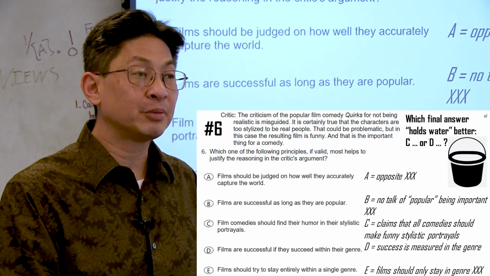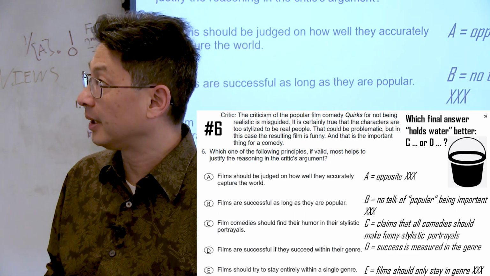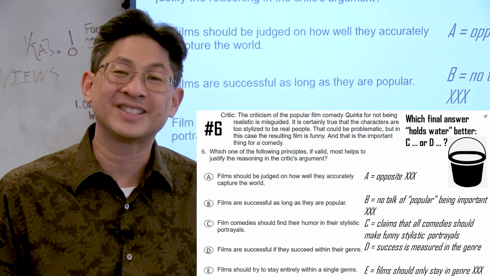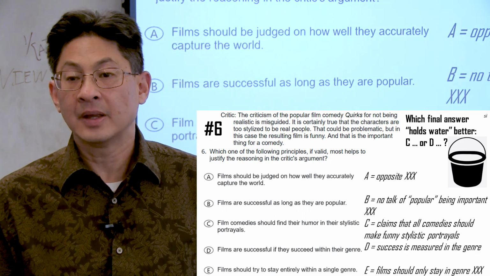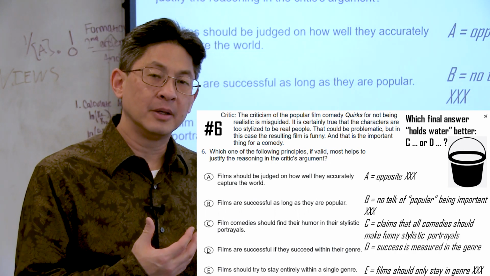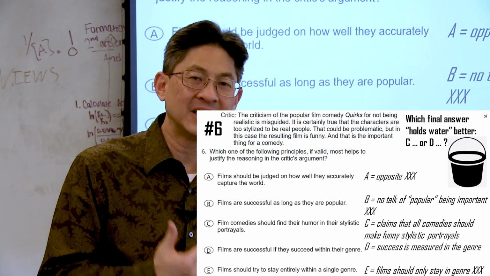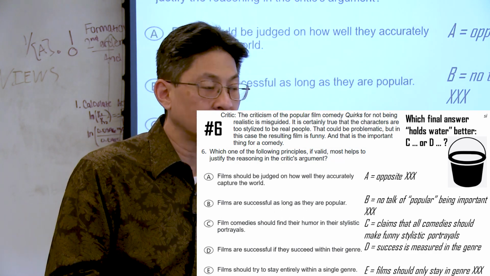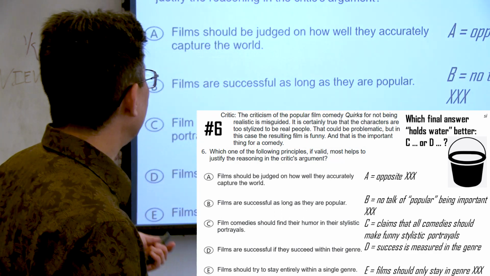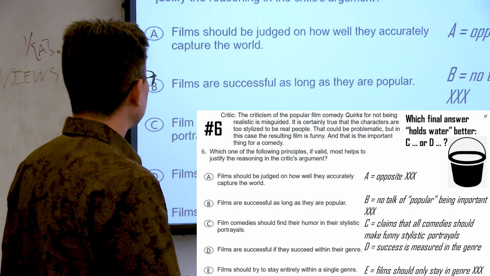This is where the last principle of which holds water better comes into play. We have to determine, is C better or D better? The way to do that is to see which one holds its water better, which one retains its true principles and really sounds like it's connected to the passage better. Let's start with C. Film comedies should find their humor in their stylistic portrayals.